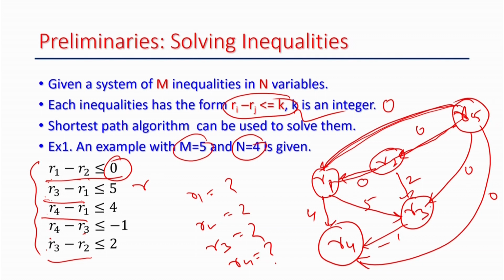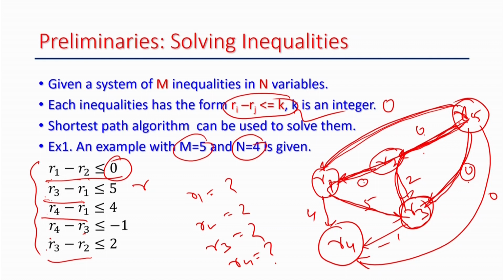For this node I have one path through this, one path through this, or one path through this also. For this path the weight is 0 plus 2, 2, for this path the weight is 0, and for this path 0 plus 0 plus 5, 5. So the shortest path is 0. There are 3 possible paths, and the shortest path is 0.